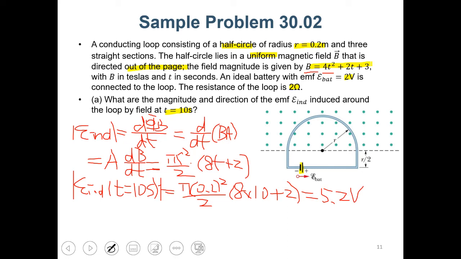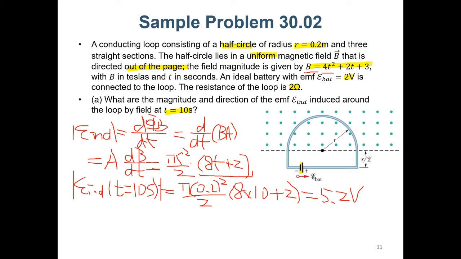So and then we need to consider the direction. Well, actually, the rate of change is also positive, because you can see here the rate of change as t is 10 seconds.